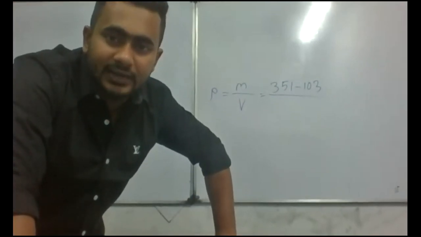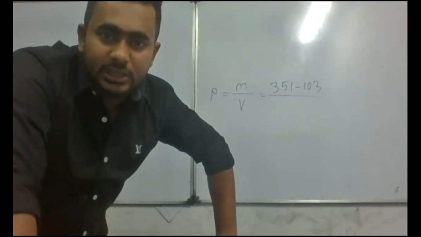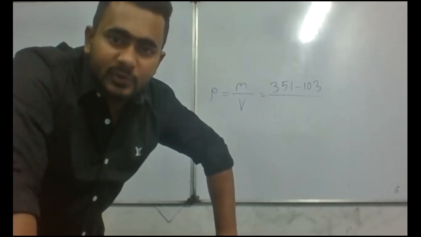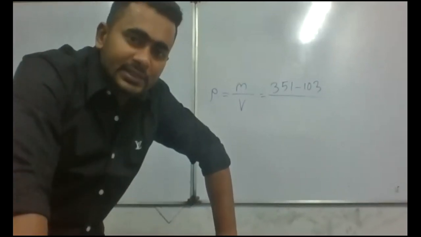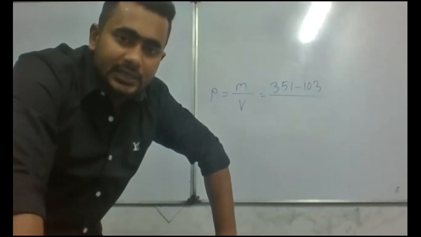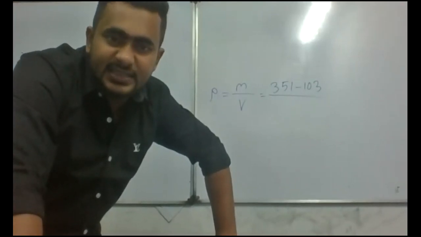The volume of the oil বের করার জন্য এখানে একটা ছোট ক্লু দেয়া আছে। ক্লুটা কি? ক্লুটা হচ্ছে প্রথমে দেখেন, খেয়াল করেন এটাকে কি দিয়ে ফিল করা হয়েছিল? বলছে তারা when filled with water it has a total mass of 361 gram.